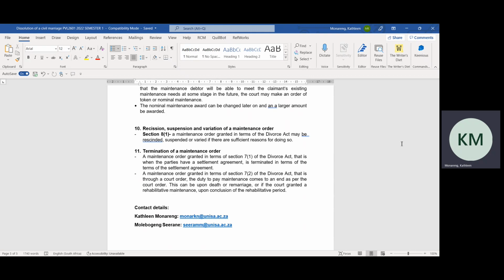It also comes to an end if the court has granted rehabilitative maintenance, that is maintenance for a short period of time, where the court says the maintenance will be paid up until the next 24 months, or the next 36 or the next 48 months. It will depend on the duration that the court has stipulated when the maintenance must come to an end.